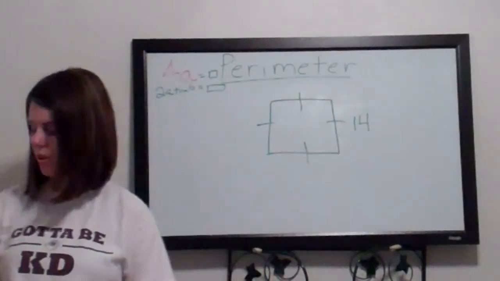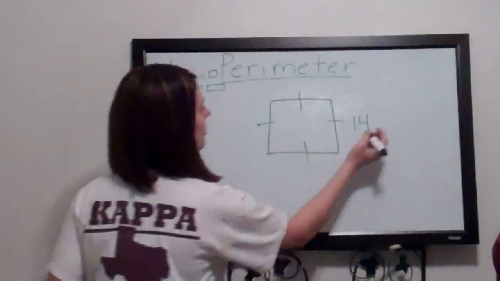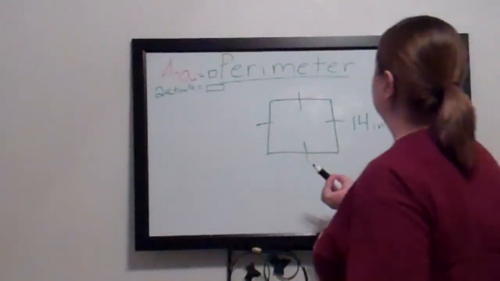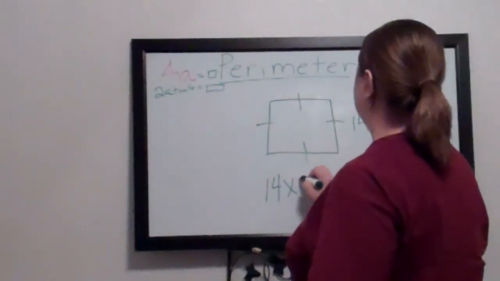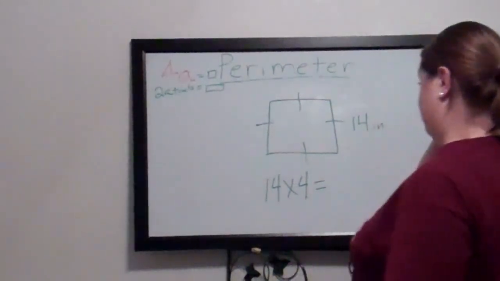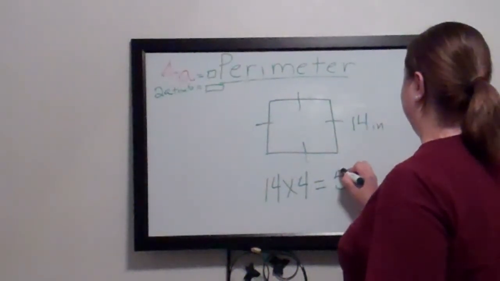Okay, Abby, think you can do this one for me? We're going to label this inches. You can do 14 times 4, because they're all the same, which equals 50.